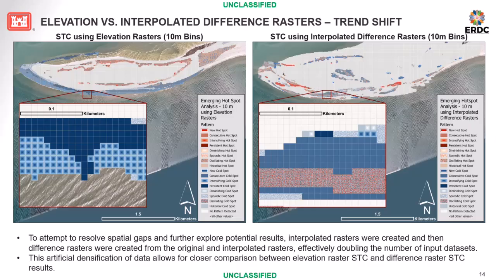Is something like a consecutive cold spot, where the last two time periods within the space-time cube show cold spot, well, because it's interpolated, that really only means the last time period was a cold spot, right? And so because we're essentially artificially densifying that data, we have to be careful about the interpretation of results.